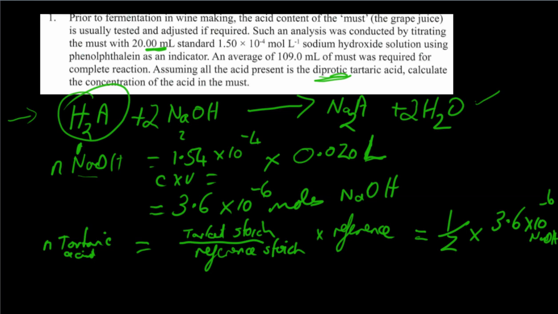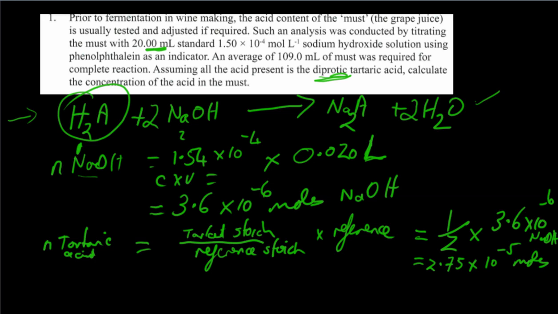And that should give us, what is it, equals 2.75 times 10 to the minus 5 moles. Okay, 10 to the minus mole per litre acid equivalence.